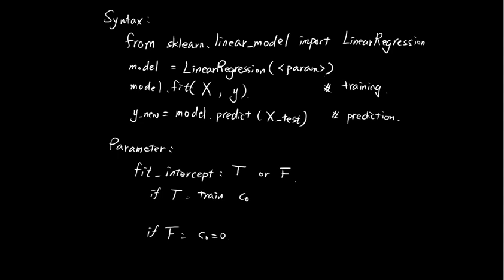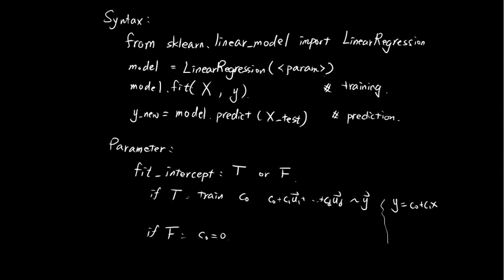So as you can see, it's like C0 plus C1 U1 plus up to CD UD. I want it to be very close to Y. This is for the case of fit intercept. You can imagine that in the previous case, we were doing Y is equal to C0 plus C1x.